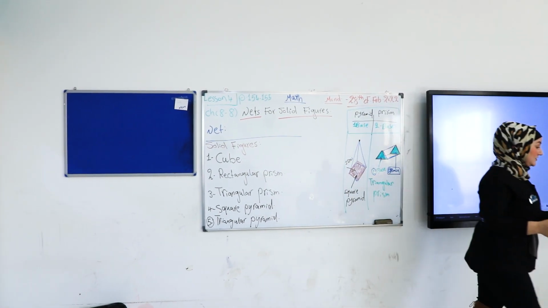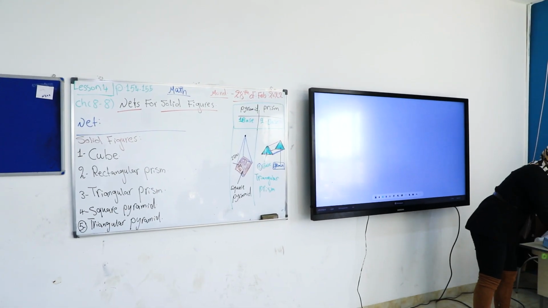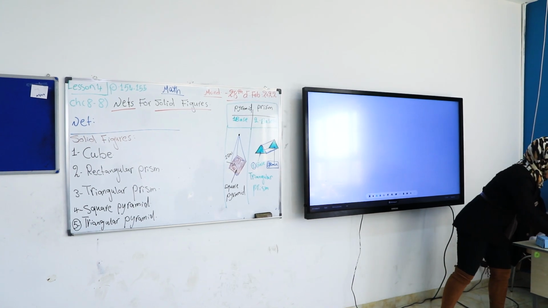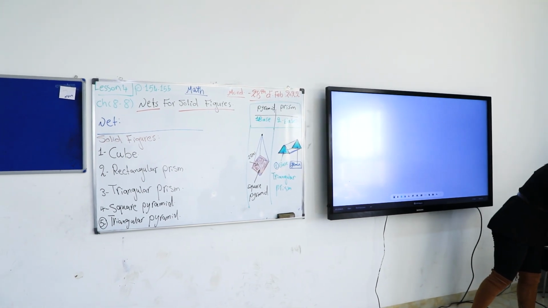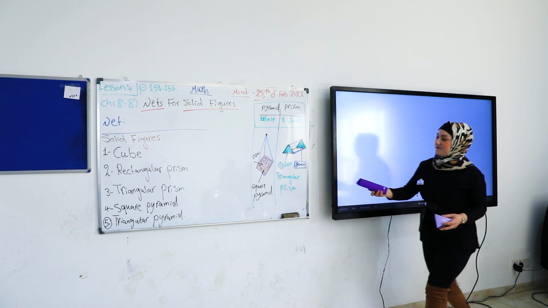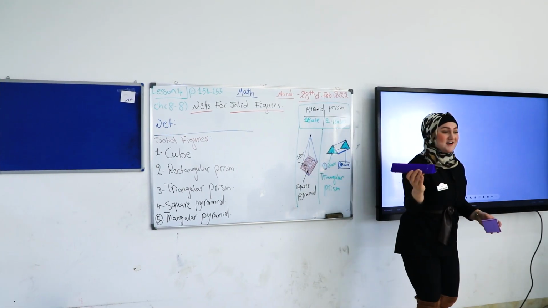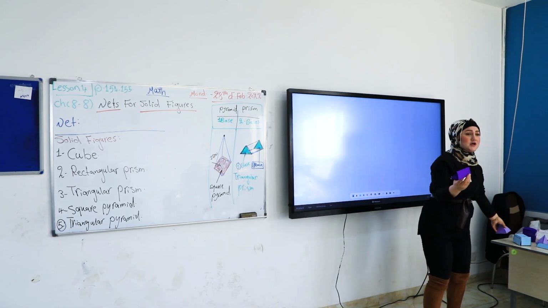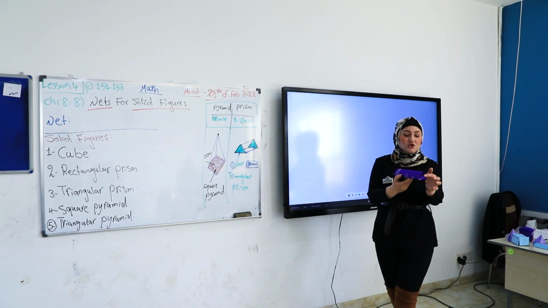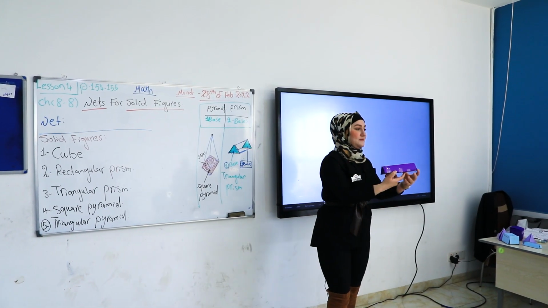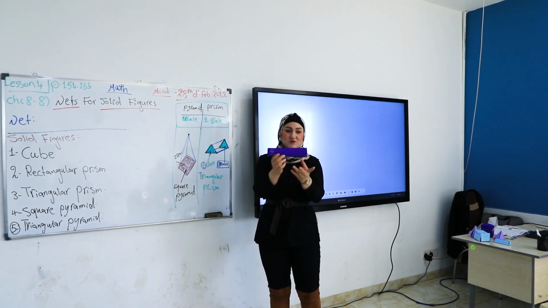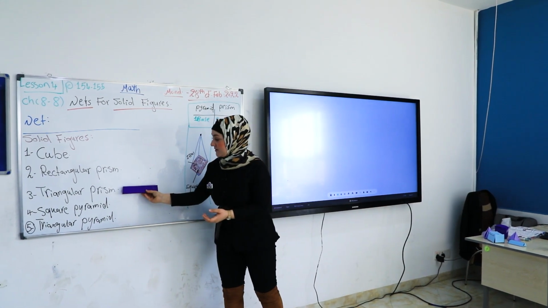I'm going to show you the other parts, and also I'll draw them for you. And the triangular prism, this is the triangular prism. Why is it a triangular prism, guys? Because we have 2 triangle bases. That's why we call it a triangular prism.